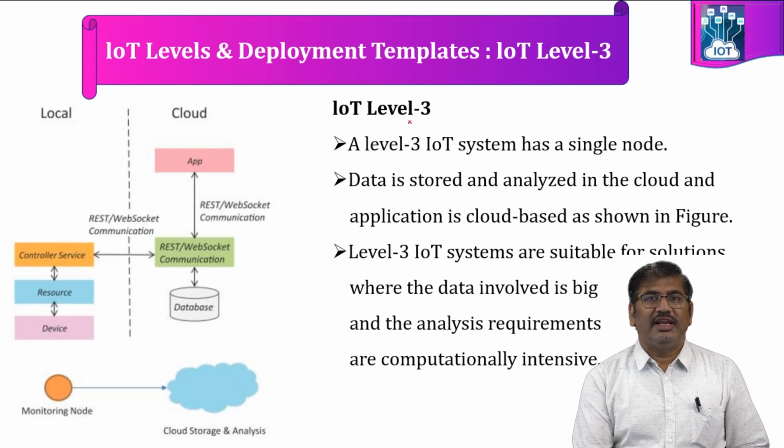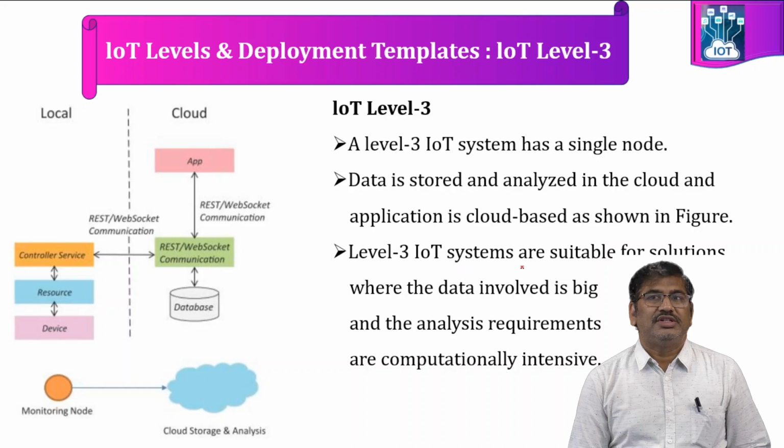Next one is IoT level 3. An IoT level 3 system has a single node. The data is stored and analyzed in the cloud and the application is cloud based, as shown in the figure.